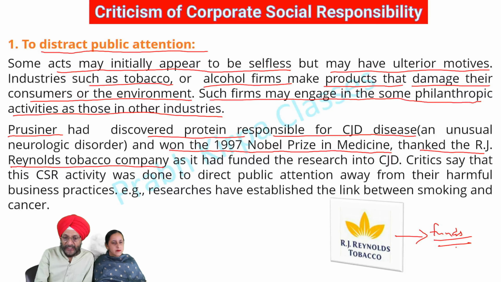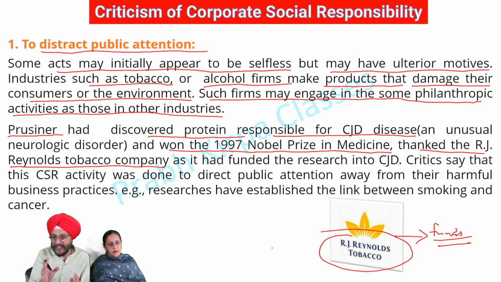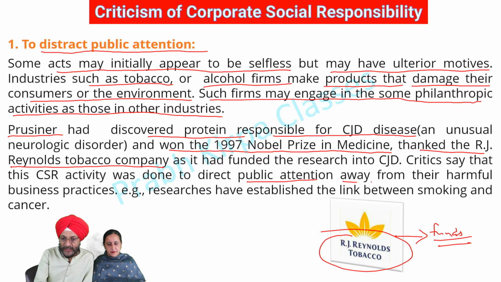Now the critics say that RJ Reynolds Tobacco Company funded the CJD disease related project only to divert the public attention away from their harmful business practices. What are the harmful practices of RJ Reynolds Tobacco Company? As all of us know, tobacco is used in cigarettes, and cigarettes are known to cause cancer.